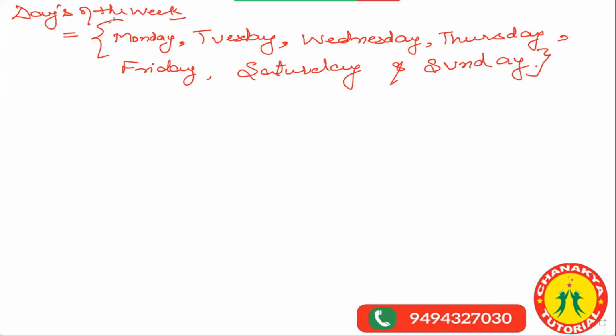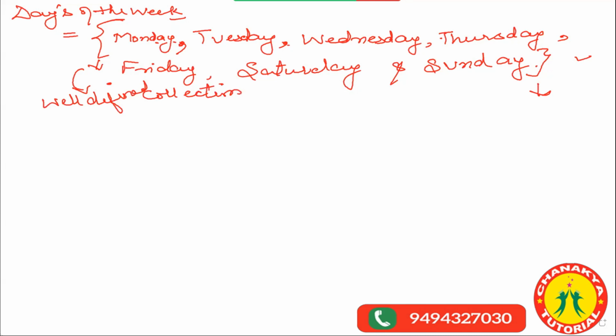When you are writing these days' names within these brackets, and each day is separated by a comma, then this is called a collection. And which collection? Well defined. Because by seeing this collection, you can tell whether this is a set or not.